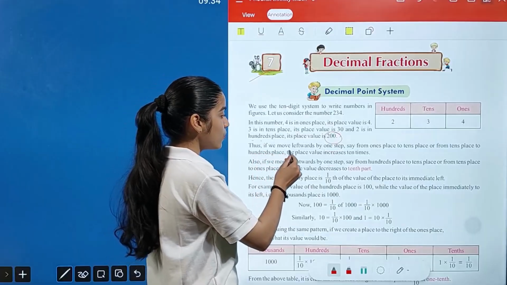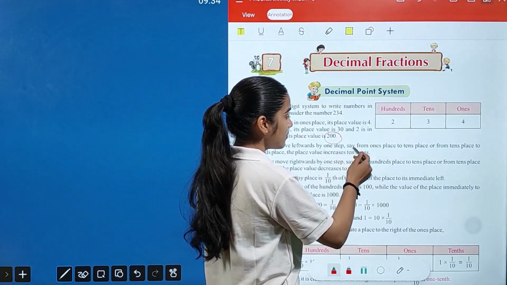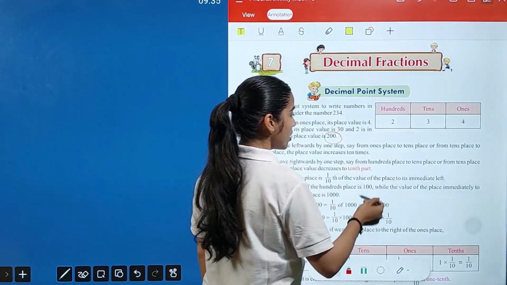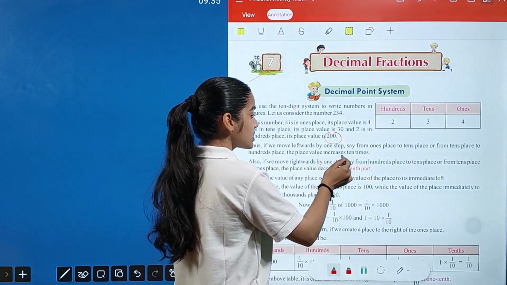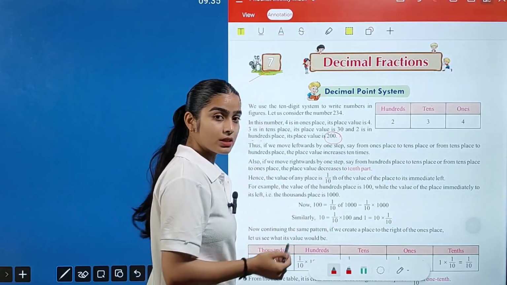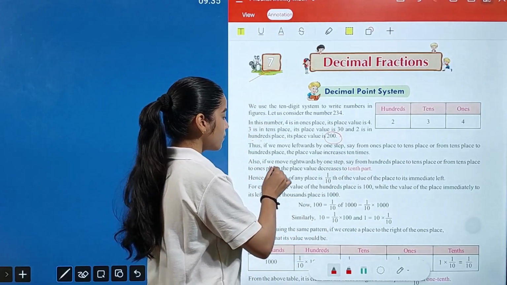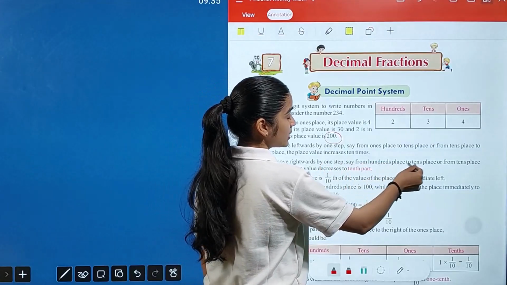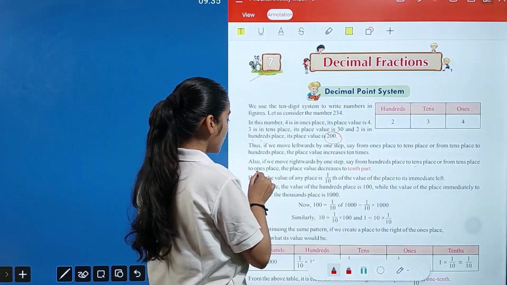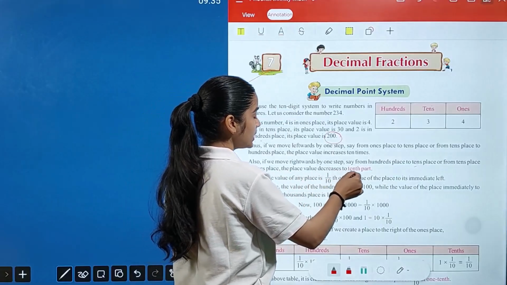Now, if we move leftwards by one step, say from the ones place to the tens place, or from the tens place to the 100s place, the place value increases 10 times. Also, if we move rightwards by one step, say from the 100s place to the tens place, or from the tens place to the ones place, the place value decreases to a 10th part.